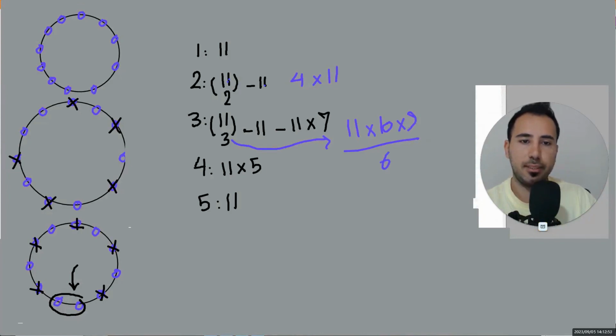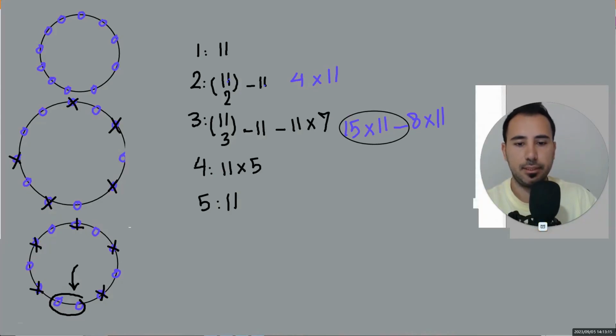So it will be 15 times 11, right? Yeah. So 15 times 11. Minus how many 11s? Minus 8 11s. So factorize 11s. We're going to get 7 times 11, which is 77. So this one will be 7 times 11. Now this one will be 5 times 11.